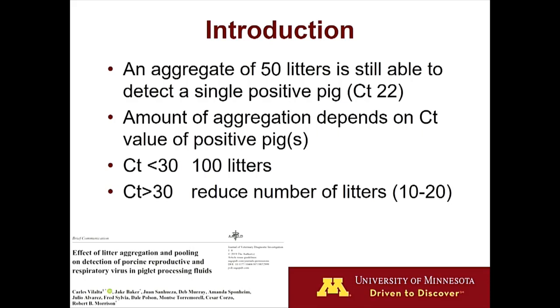But when the CT values start being above 30, then we start losing some sensitivity, and it makes sense to reduce the number of litters that we put together in our pool. I put a number there, 10 to 20 litters, to start opening the pool, so we don't miss positive samples in our aggregation.